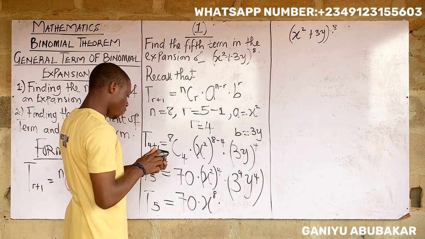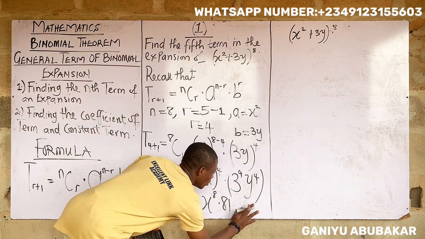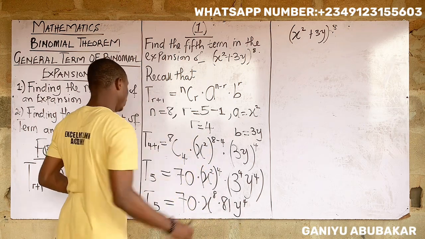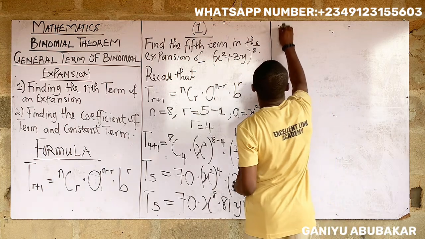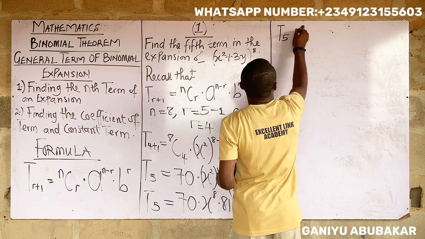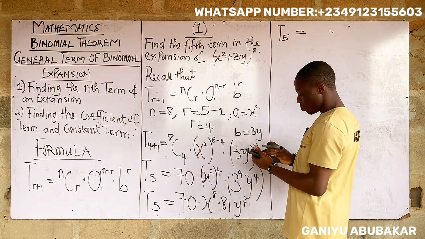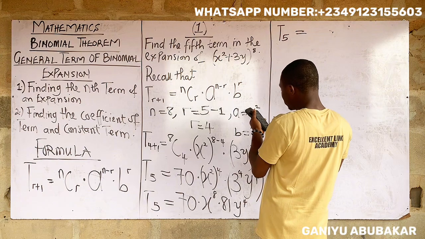3 to the power 4 is what? 81, right? Then y to the power 4. Combine this together, so it means that the fifth term of this expansion, T5, will be equal to 70 times 81.